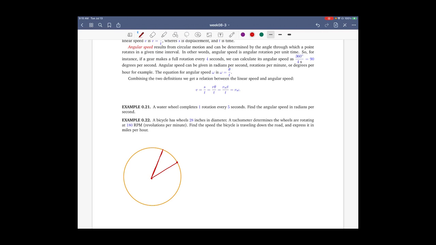Say the point started moving from this location, and over time t, it moved to this location.